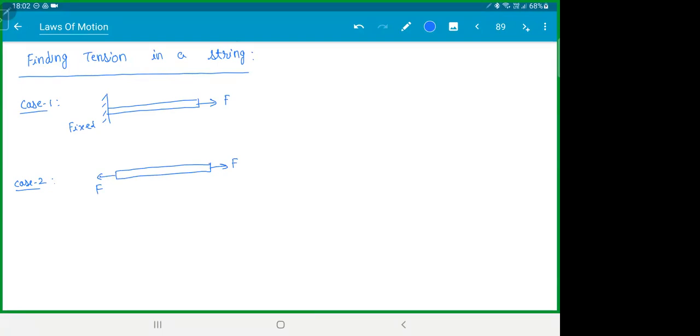Can you tell me what is the tension in both the ropes? Which rope will have more tension? Case one or case two?